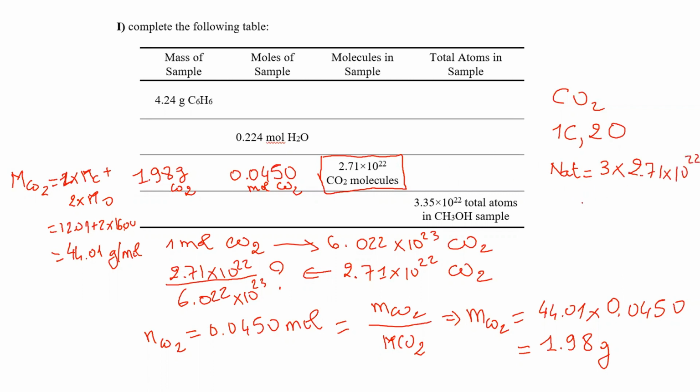And if you calculate it, this is equal to 1.13 10 to the power 22 atoms. Or we can fill it in here: 1.13 10 to the power 22 atoms. So let's do the last one.